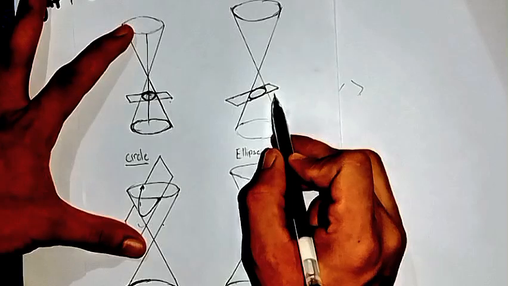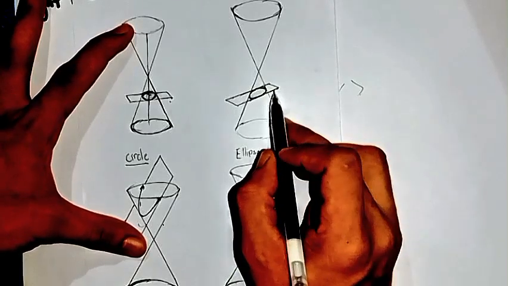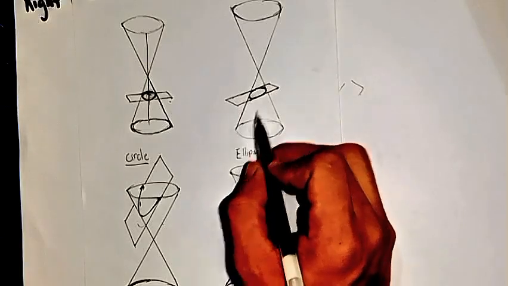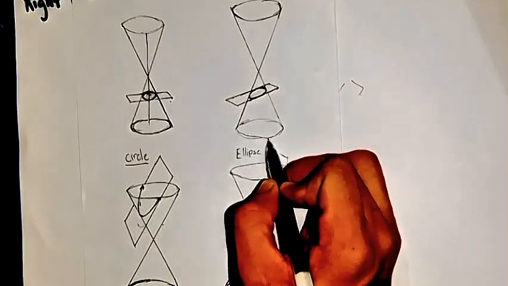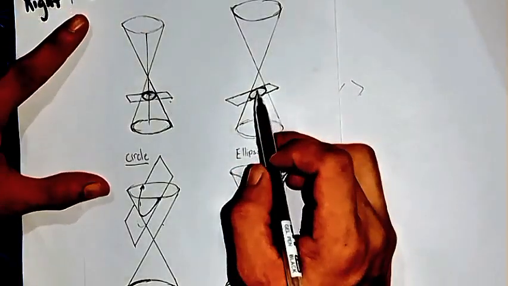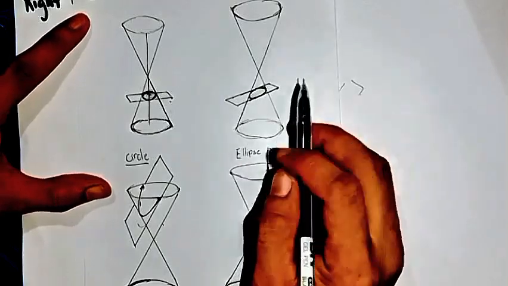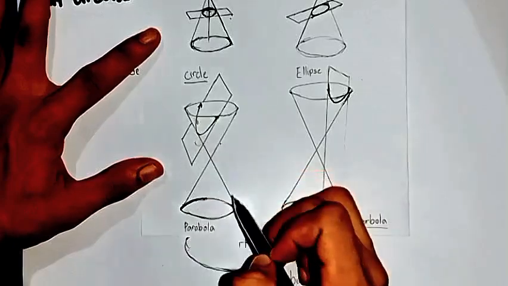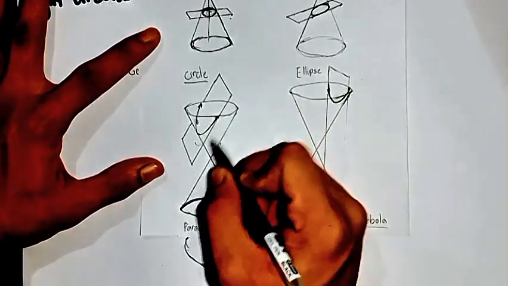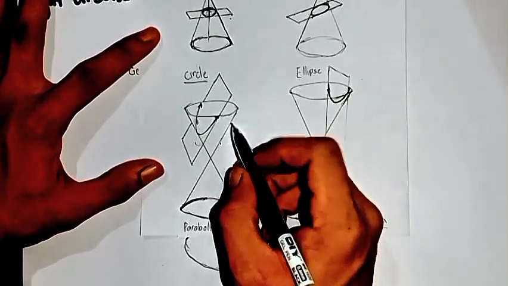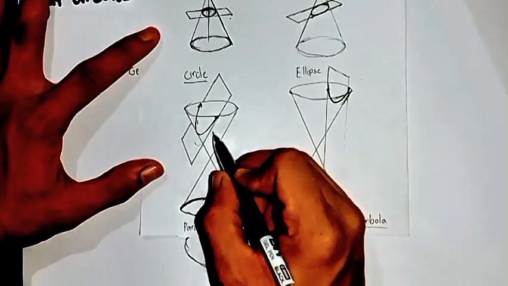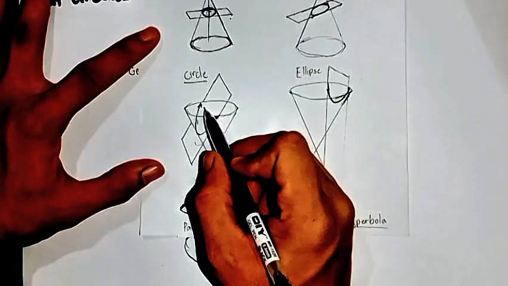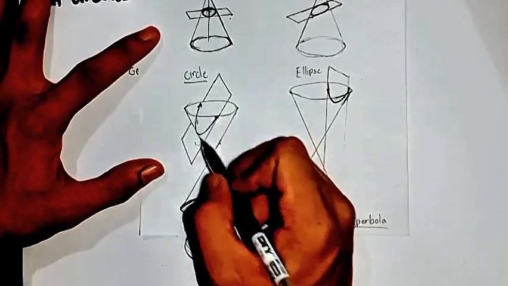In figure 2, this is our plane and this is our right circular cone. If a plane cuts the right circular cone not parallel to our base, we can generate a curve called an ellipse. If a plane cuts the right circular cone parallel to the generator, we can generate a curve called a parabola.